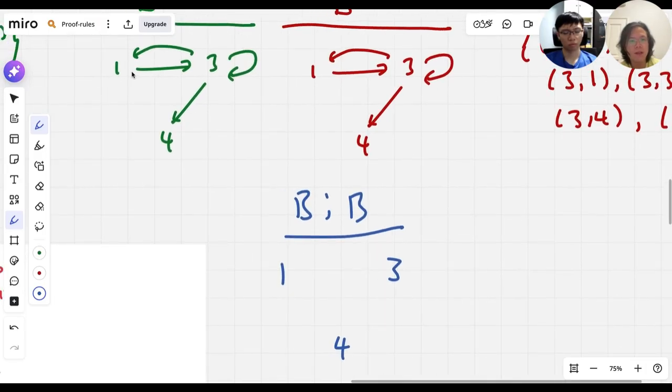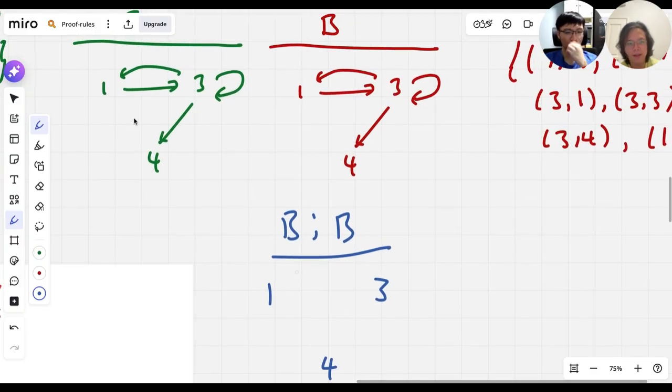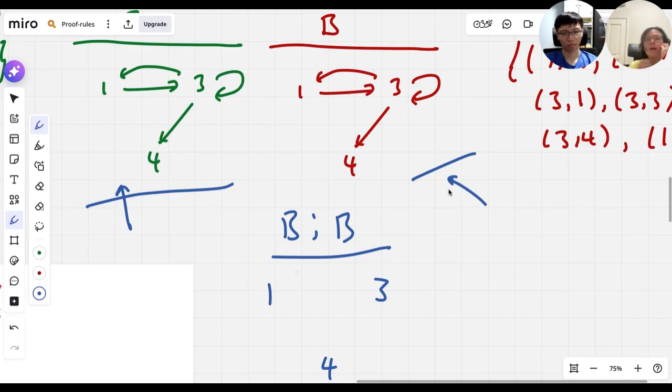Okay. So between 1 and 1, is there any middleman? Right? So 1 will step onto a middleman on the green graph, and then from that middleman goes back to 1 on the red graph.